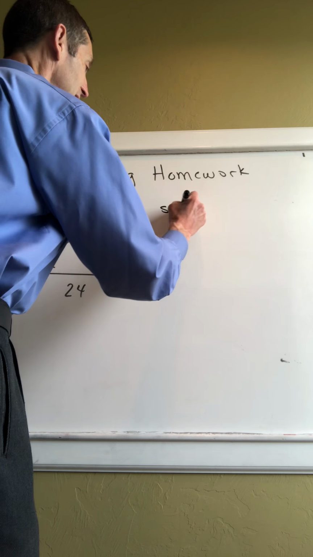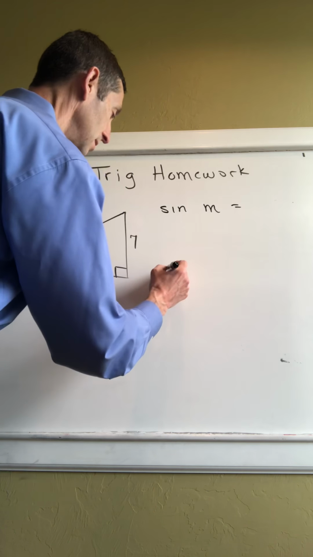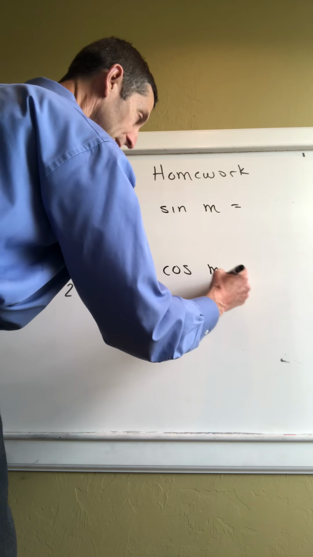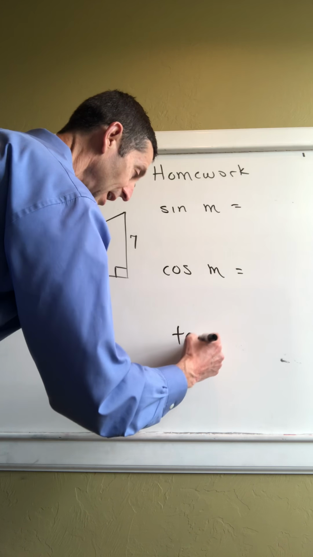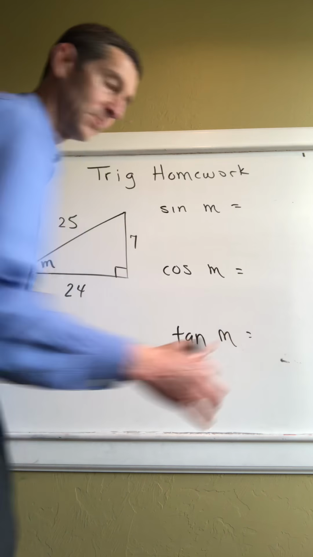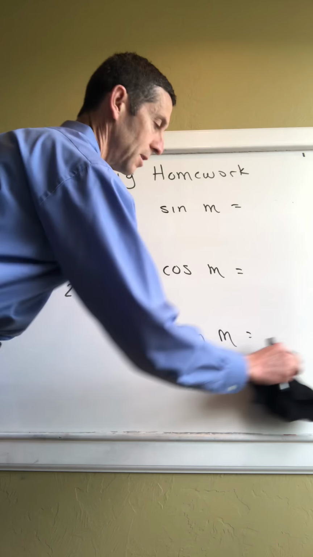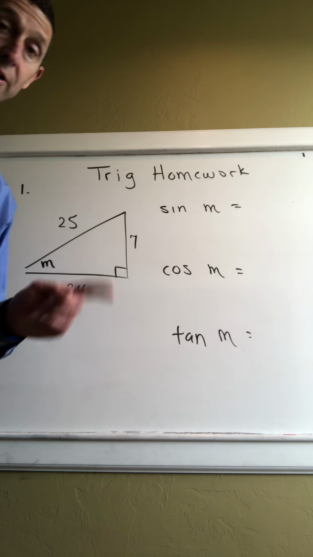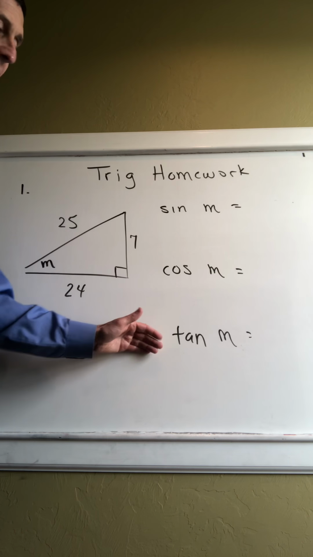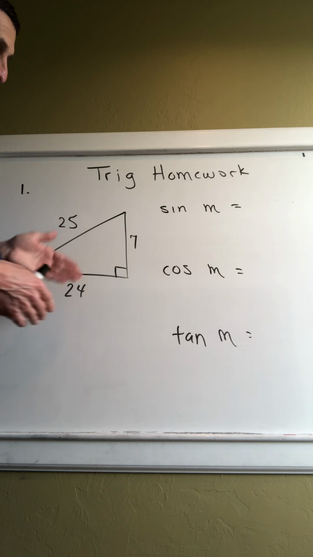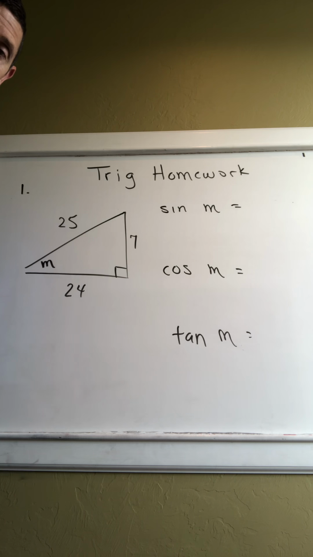You got to run sine of angle M, cosine of angle M, tangent of angle M. So your first question of the 2, sine, cosine, and tangent, label all 3 sides, drop it in. That's your first one.